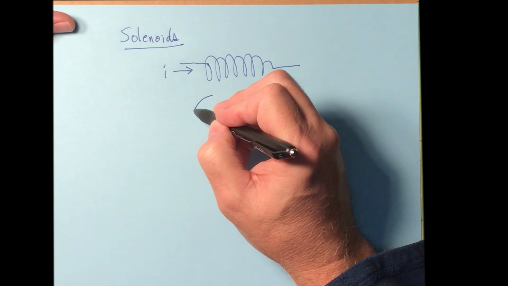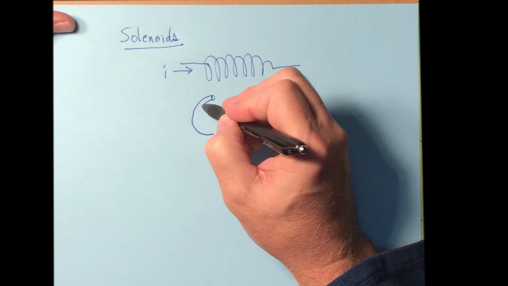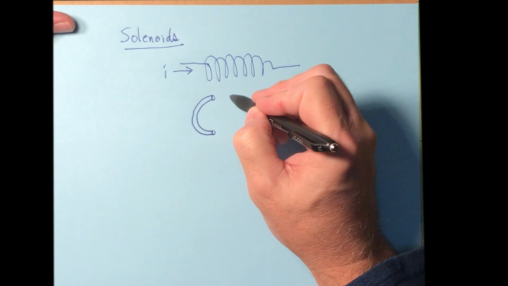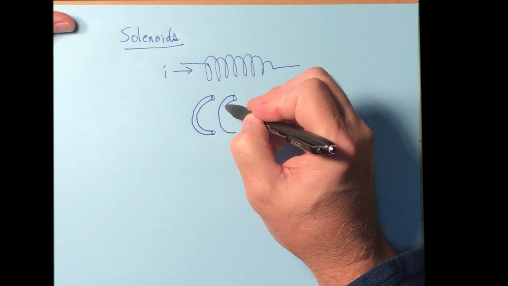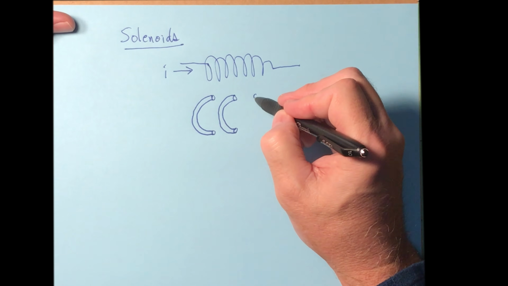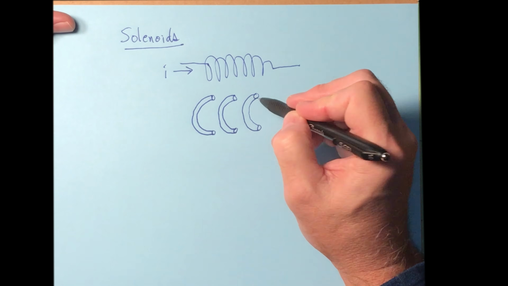Let's say here's one of the wires, and we'll draw it like that. And then next to it is another of the wires, and we'll draw it like that. And then next to that one is another wire, and we'll draw it like that.